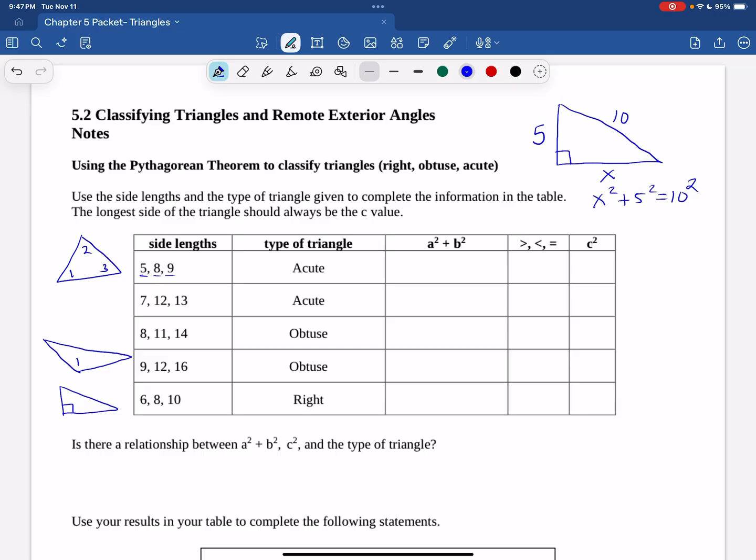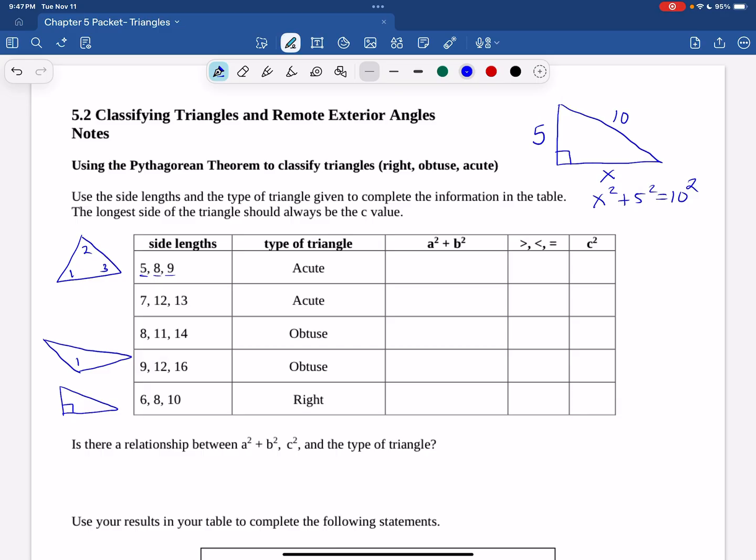We're going to put those in the Pythagorean theorem, with the 2 smallest sides being A and B, and the longest side being C. And we're going to compare the sum of A squared and B squared with C squared, and see if we can find a pattern.